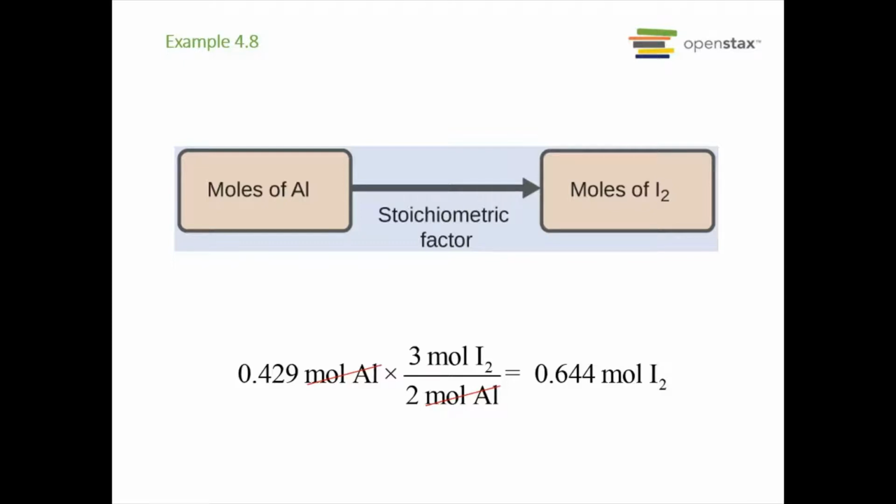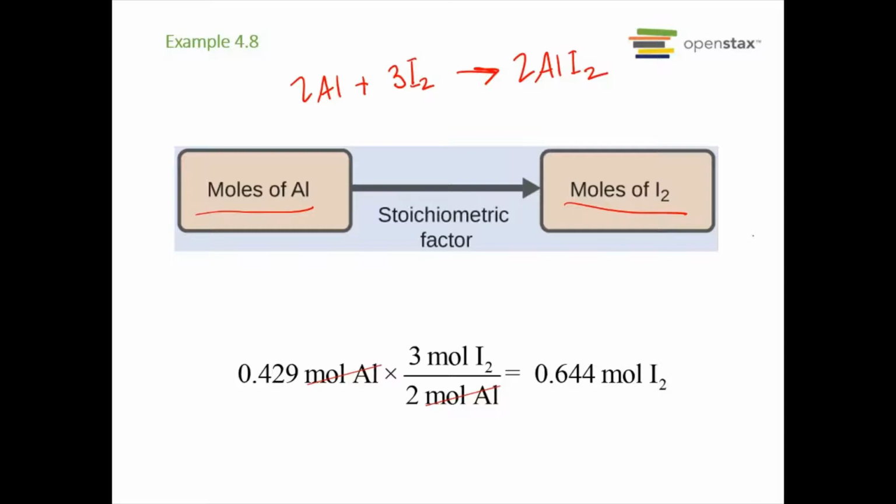Because we're given moles of aluminum, we need to get moles of iodine. That's what we're asked for. Right? Because we want to know how many moles of iodine are required to react with 0.429 moles of aluminum, according to the chemical reaction. So just to kind of rewrite the reaction so you can see it here. Okay.